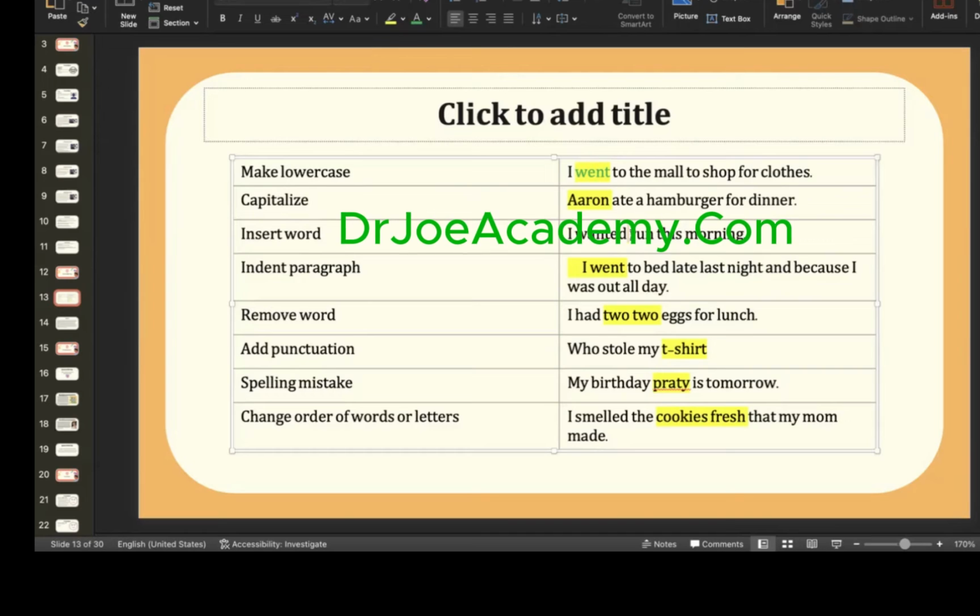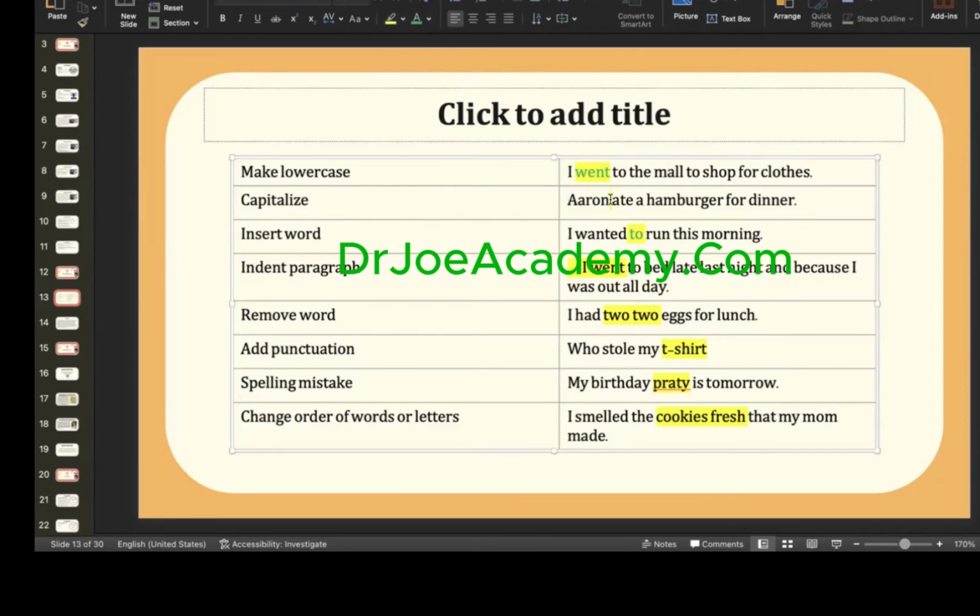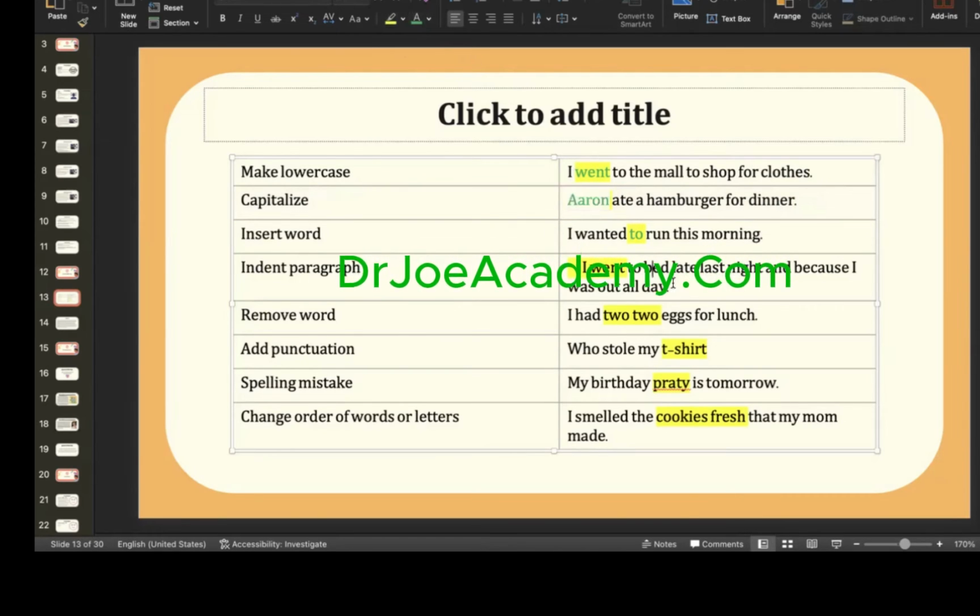To, right. So here the mistake is we have to put the word to. Good. Awesome. Nice job, Elizabeth. So make sure we put our prepositions. Nice. Now let's go to our next sentence.